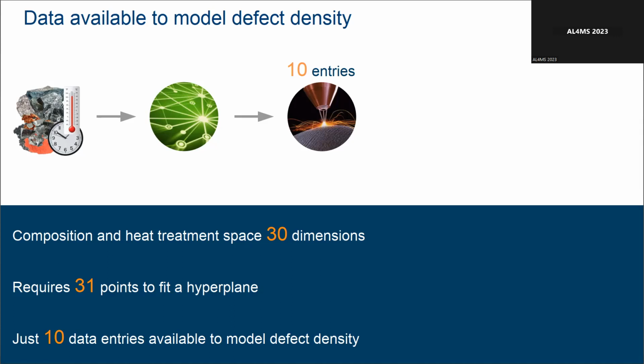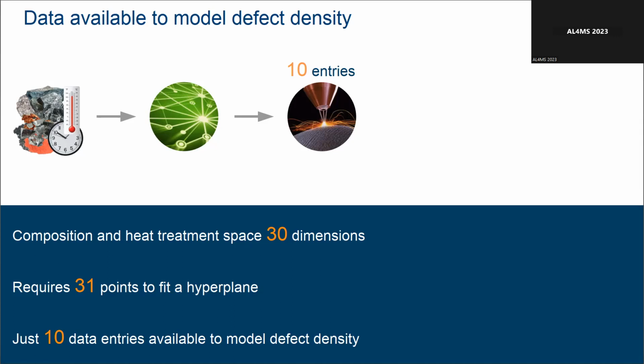But on the other hand, because when we did this project, additive manufacturing was a new process for this family of alloys, we had just 10 experimental data points available for how many defects form in 3D printing. And whichever way you look at it, 10 data points is not very much. We know from our school level maths that to specify 30 variables, we're going to need at least 30 pieces of information.